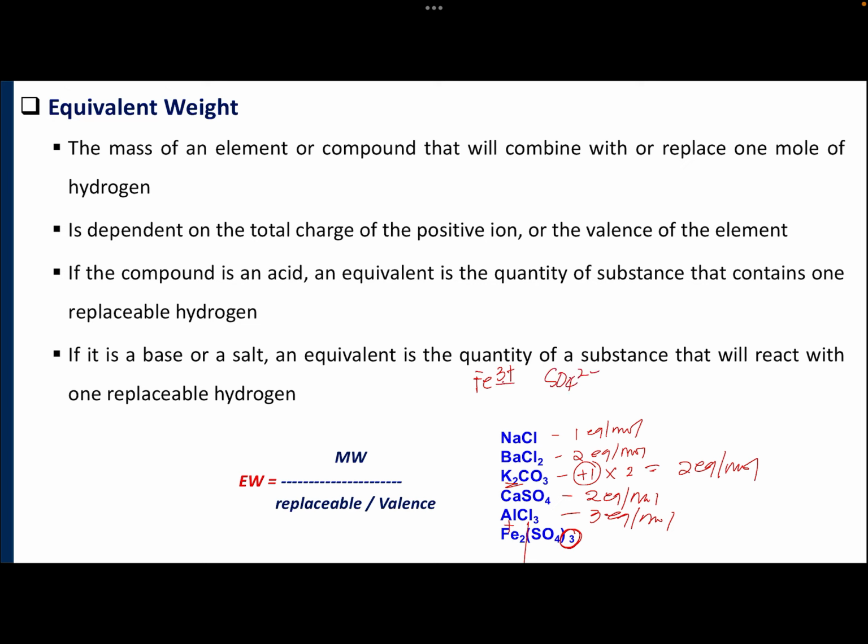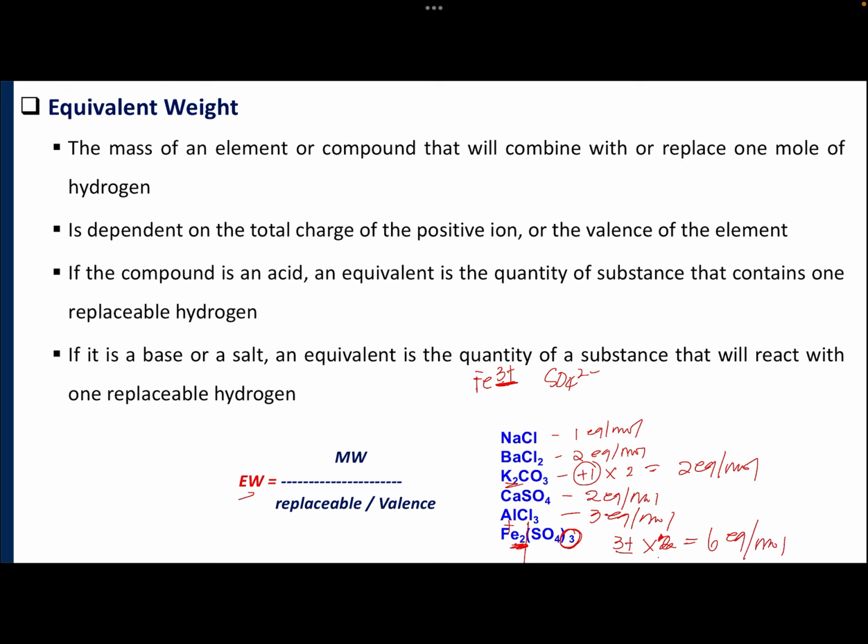Since Fe is 3 plus, we have a 3 plus charge times 2, which is 6. Its number of replaceable: how many irons? Two. To determine the number of replaceable, 3 times 2 is 6 equivalents per mole.